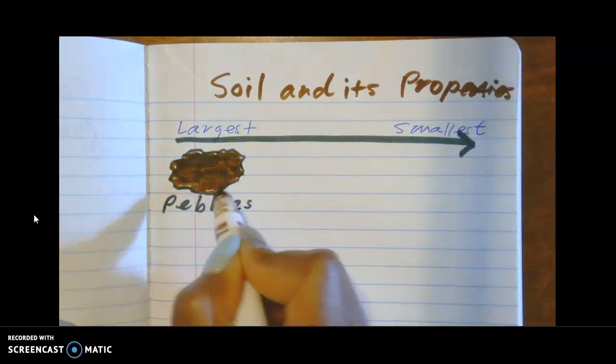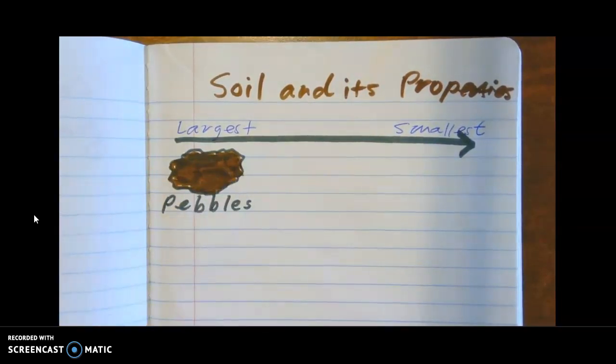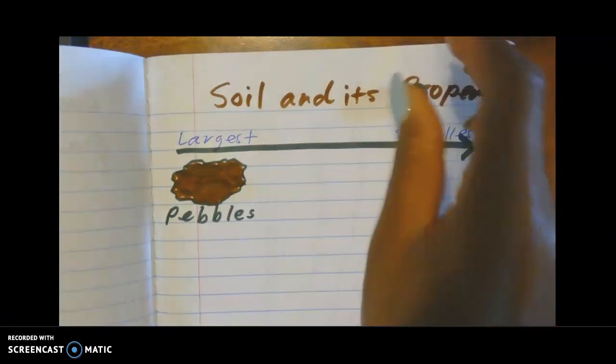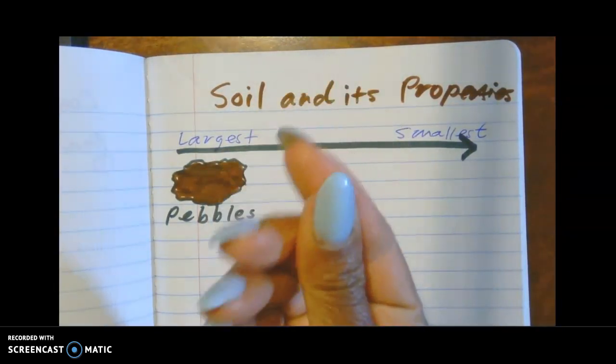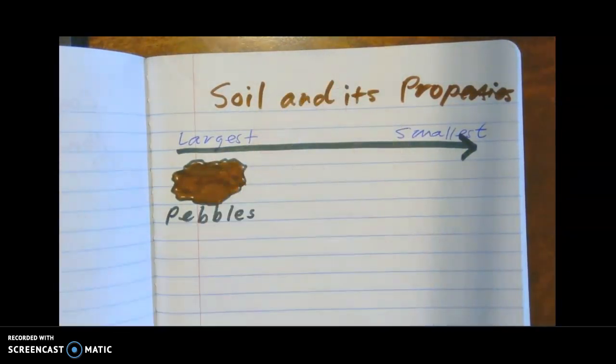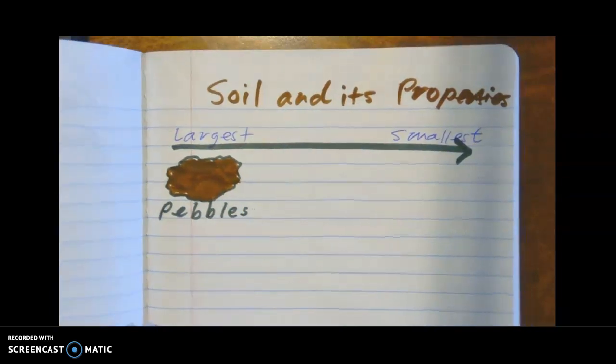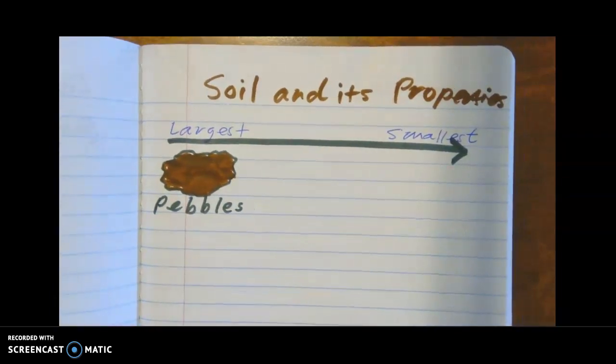And everyone should know what pebbles look like, but just in case you don't, I just happen to have one here. Here is my pebble. A pebble here that I had a student give to me. This is actually kind of really smooth for a pebble. But the good thing about soil is that you can probably go out in your backyard and find examples of all these things.